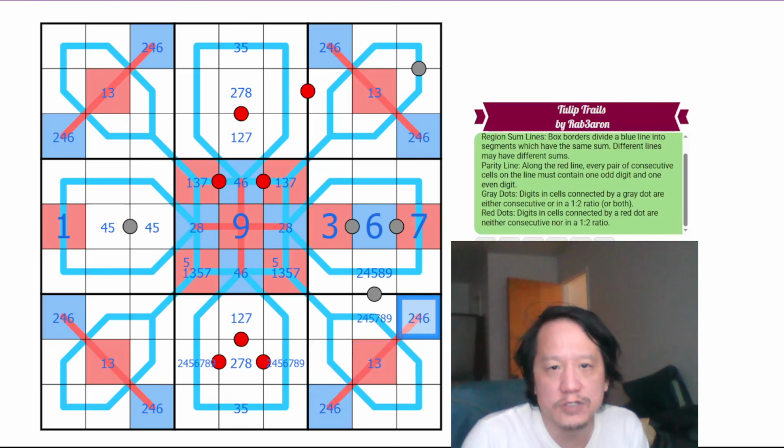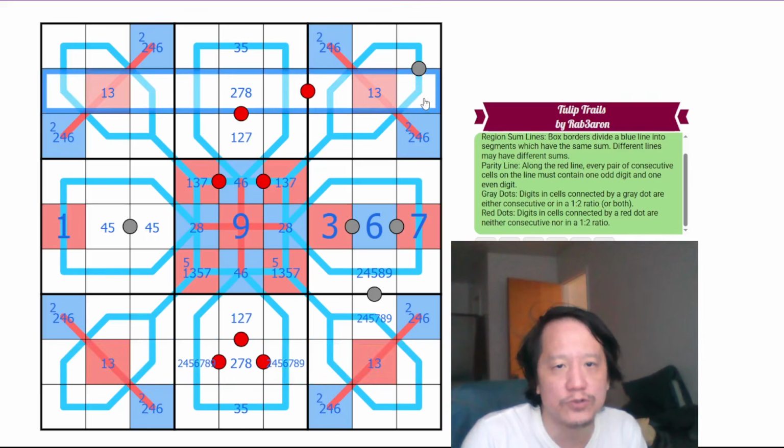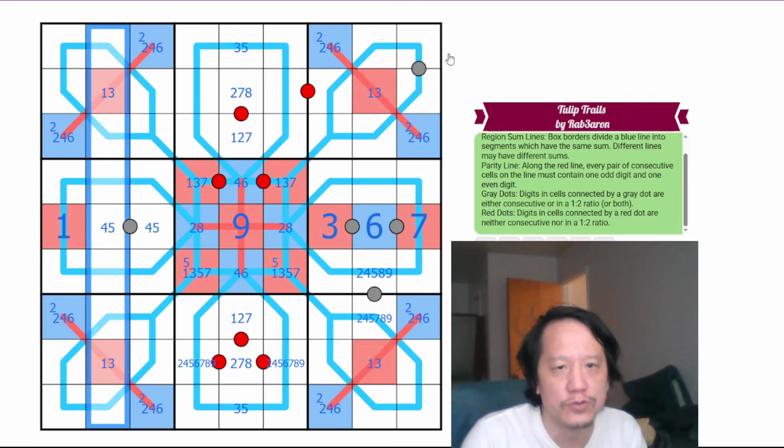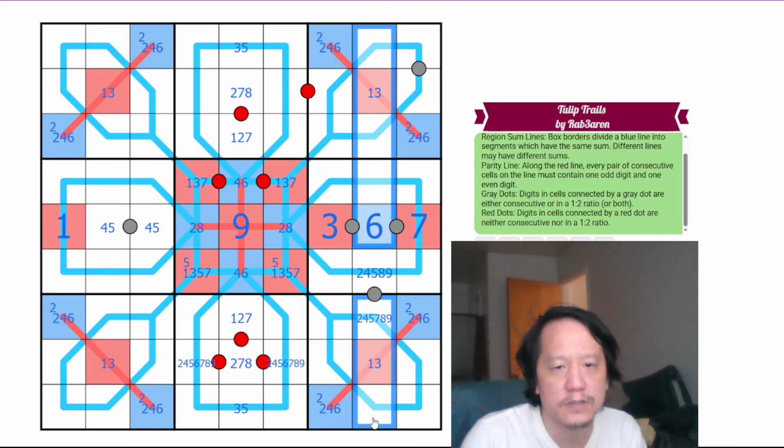So we're guaranteed a 2 in each of these boxes here. That eliminates 2. So where is 2 in row 8, row 2, column 2, and column 8? It has to be in boxes 2, 4, 6, and 8.